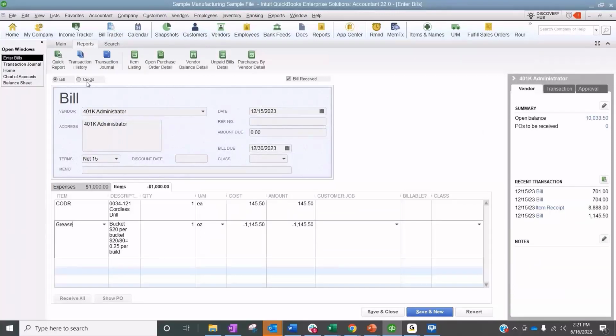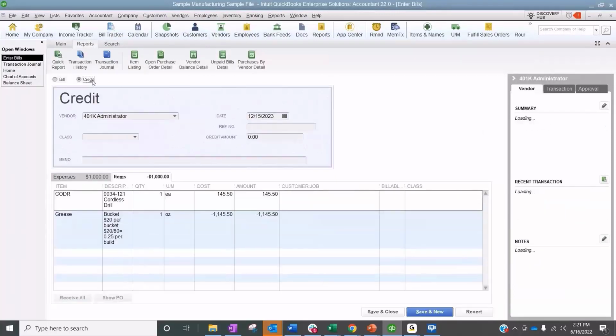So we did bill. If we do a check, oh, I'm sorry, just real quick before I hop off a bill. Bill credit, right? If you think about it, bill credit is the opposite. When I do a bill credit, I'm saying I want it to come out of accounts payable. So if I want it to come out of accounts payable, I need to debit accounts payable. So when we flip this over to credit, the top portion up here, right?